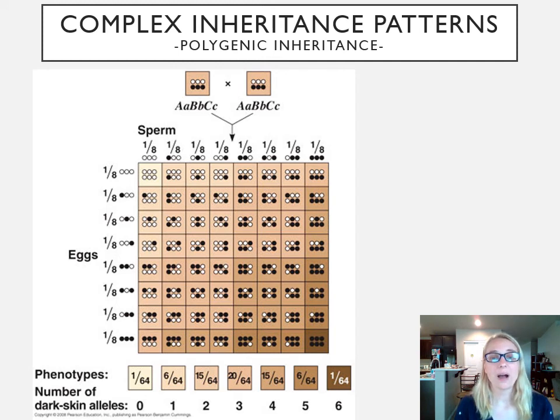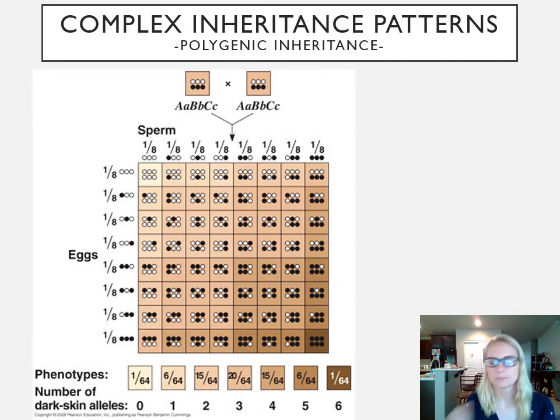The next one is called polygenic inheritance. Now again, up to this point, we've been looking at one gene coding for one phenotype. So, all the examples that I just said: earlobes and freckles and taco tongue and hitchhiker's thumb, that's one gene for one trait.